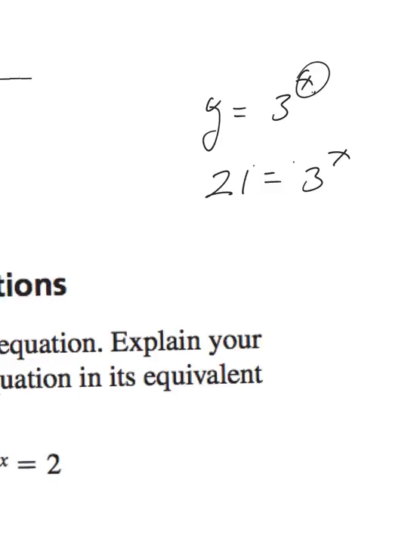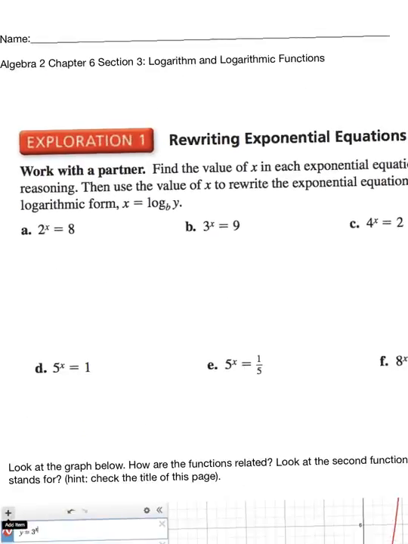How do we solve for x? How do we get x by itself? And that's where we're going to be using this thing called logarithms. Challenging for us. Logarithms again were created simply to be able to solve for x when x is an exponent. So getting back to our world here, let's go.